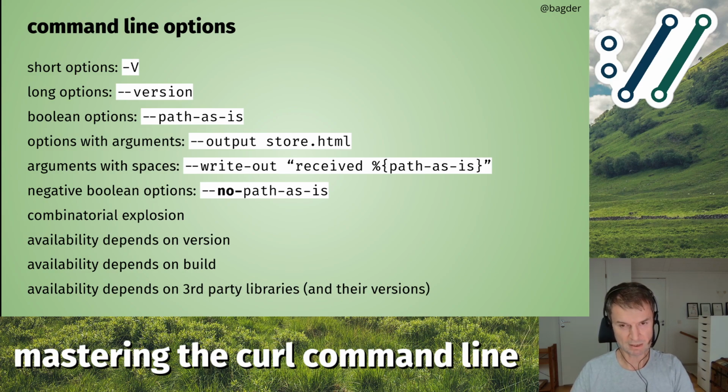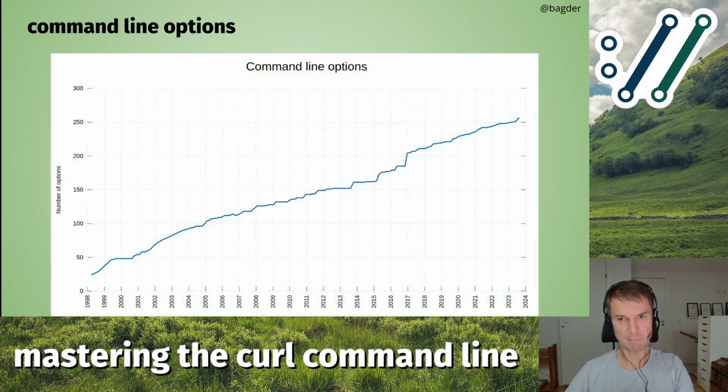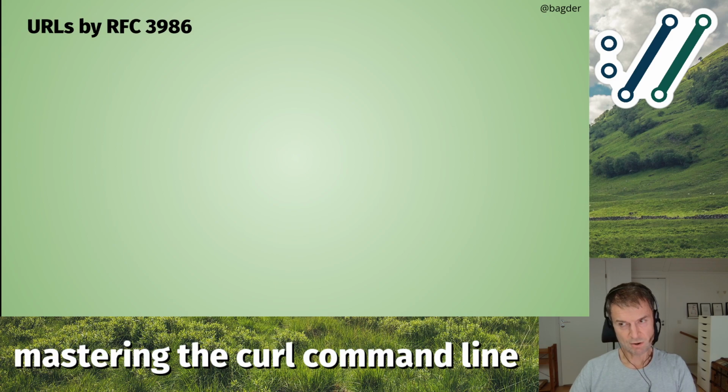As I said, the number of command line options in curl has increased over time. It started out with 24 in 1998. We have 257 today. It's not a good thing to have a lot of options, but we add them because we have features that we want to provide.